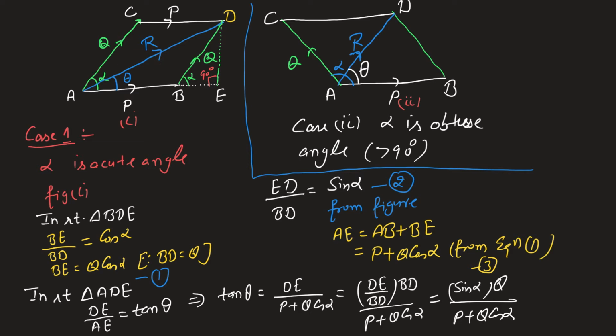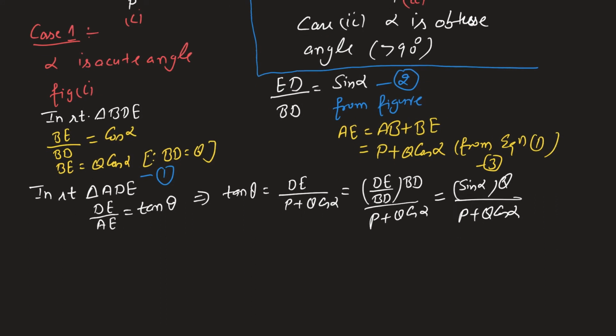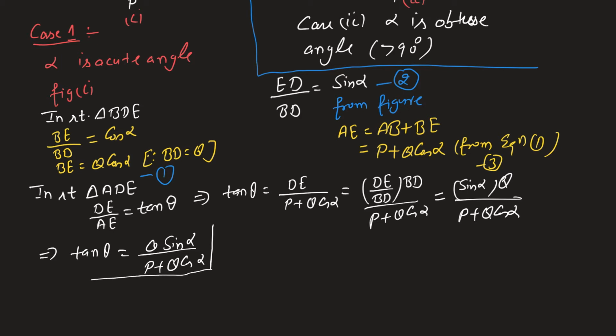So this implies that tan theta is equal to Q sin alpha over P plus Q cos alpha. So this is the direction of the resultant in case number 1, and you may name it as equation number 4.